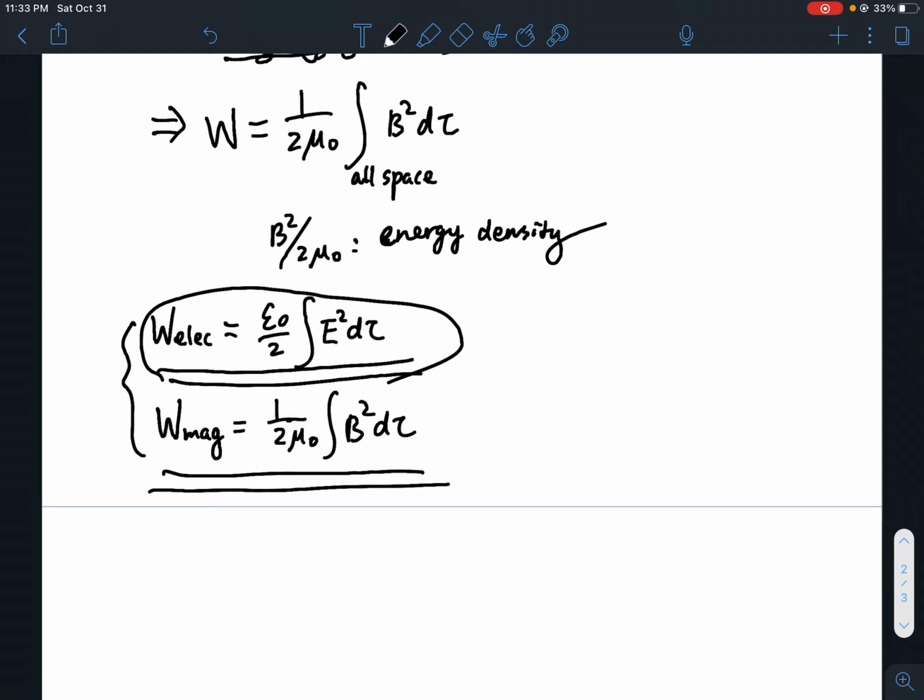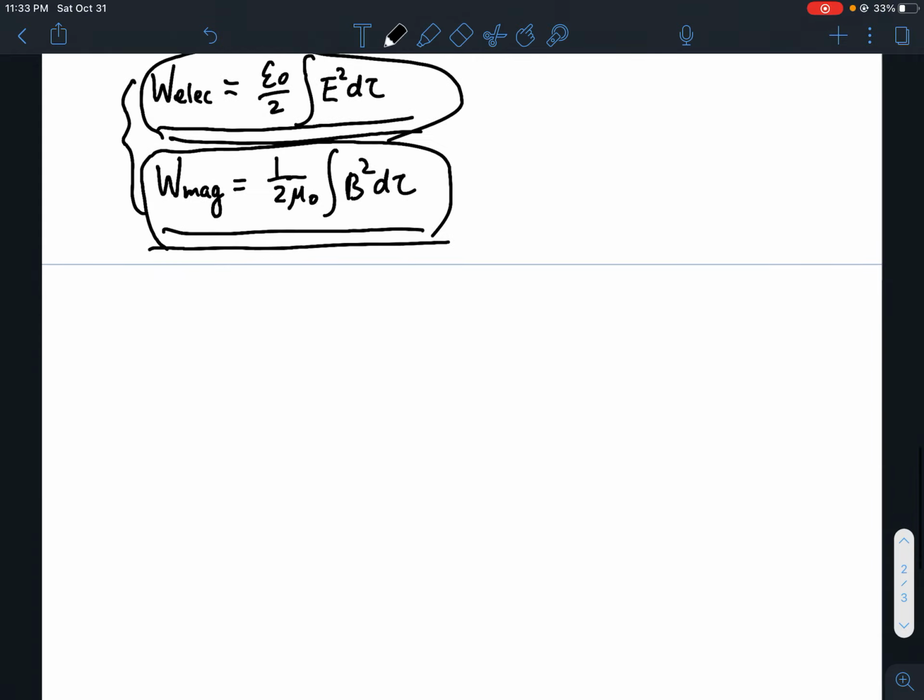The main reason is that the amount of work is really done during the process in which we build up this magnetic field. It is really the induced electric field that does the work. That is why we only discuss it when we talk about varying electric fields and magnetic fields.